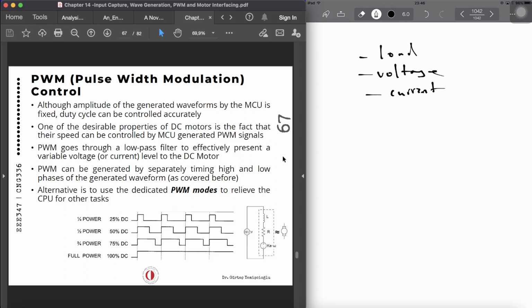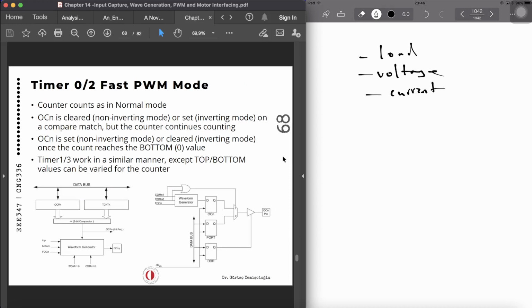Timer 0 and timer 2, which are 8-bit timers, have fast PWM mode, which is one of the modes. The counter counts as in normal mode. OCn is cleared in non-inverting mode, or set in inverting mode, on a compare match, but the counter continues counting.